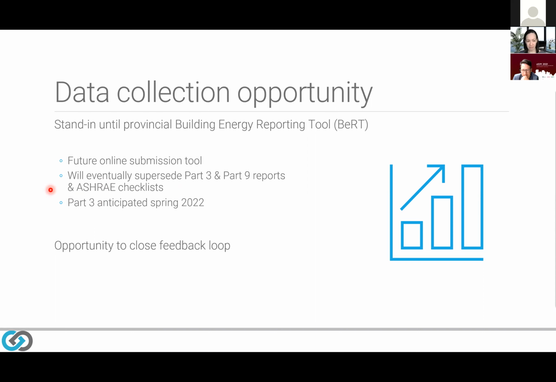So if you've worked in BC, or in the Vancouver building bylaw jurisdiction, you may be familiar with having to submit ASHRAE Part 11 forms or whatnot during various stages of submission. And so this tool is intended to supersede all of those items, and then of course collect all of that data and then inform future codes.